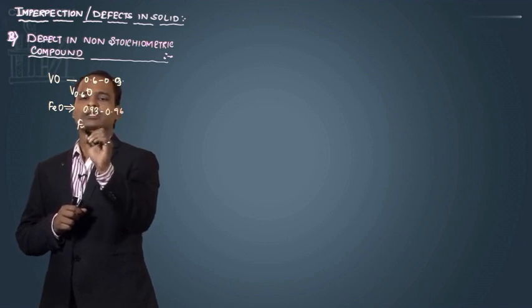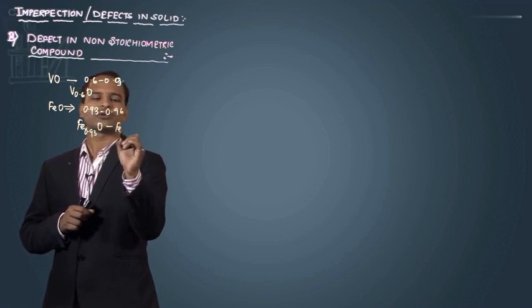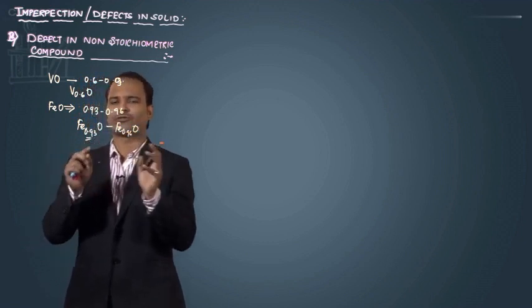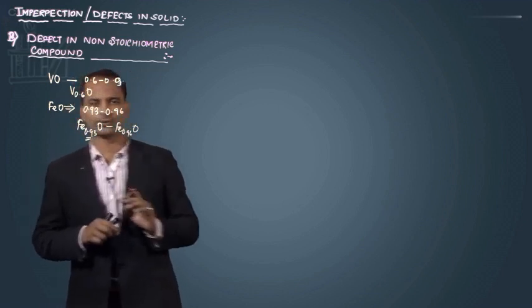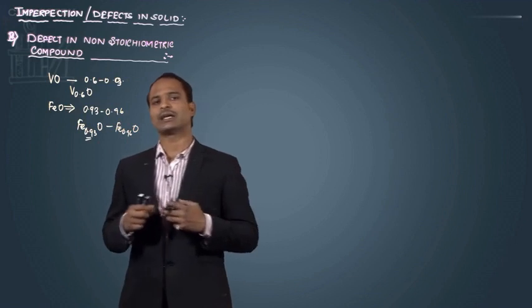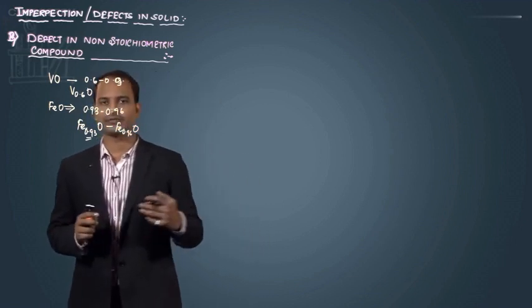That means the molecular formula changes to somewhere in the range of Fe0.93O to Fe0.96O. So these are called non-stoichiometric compounds, where the cation and anion ratios are not according to the molecular formula, but are different.